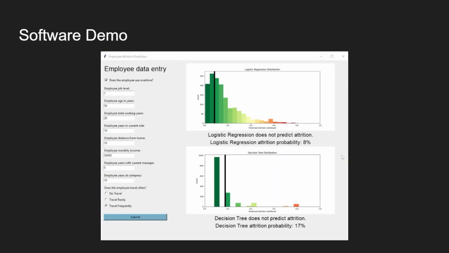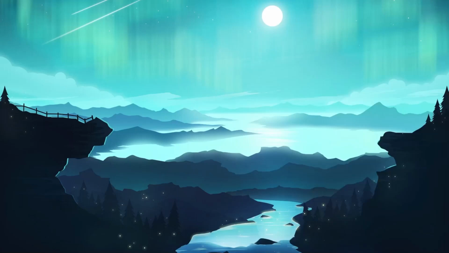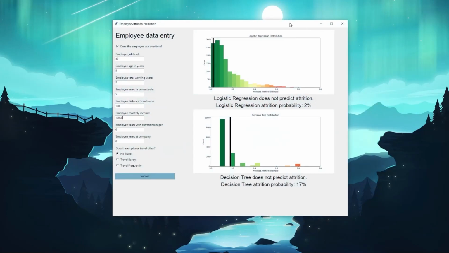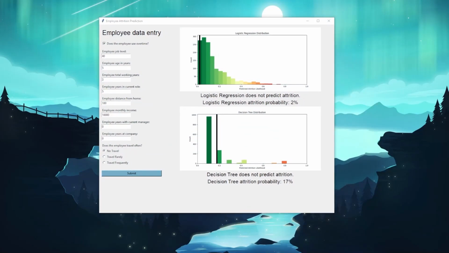So now we're going to show off the GUI that we've implemented. That GUI is here. What we can see is that we have an entry form on the left where we can give our models the input data for a given employee. On the output, we have two charts. Each one of these charts is sort of like a KS plot. It shows what were the output probabilities that the model predicted for the training set.